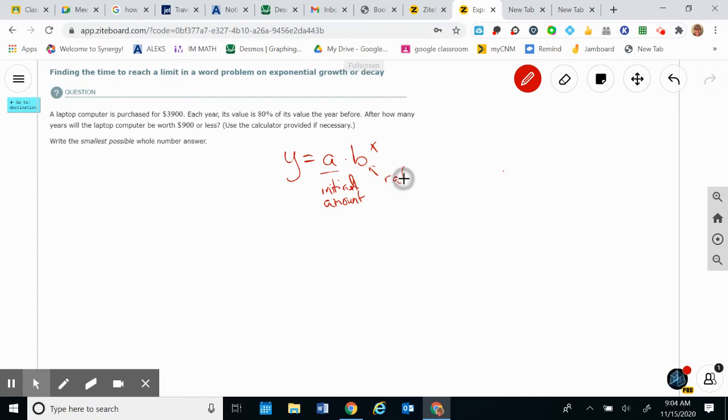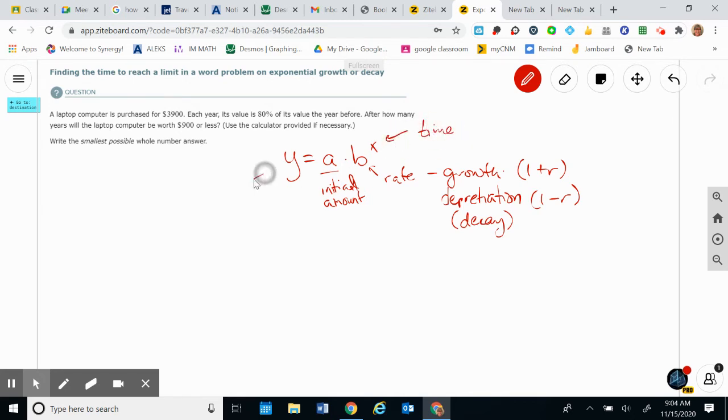I'm just reiterating this because we did it in class: if it's growth, it's 1 plus r. And if it's depreciation, which is decay, it's 1 minus r, if you don't remember that. And x is usually time. And y is the final amount.